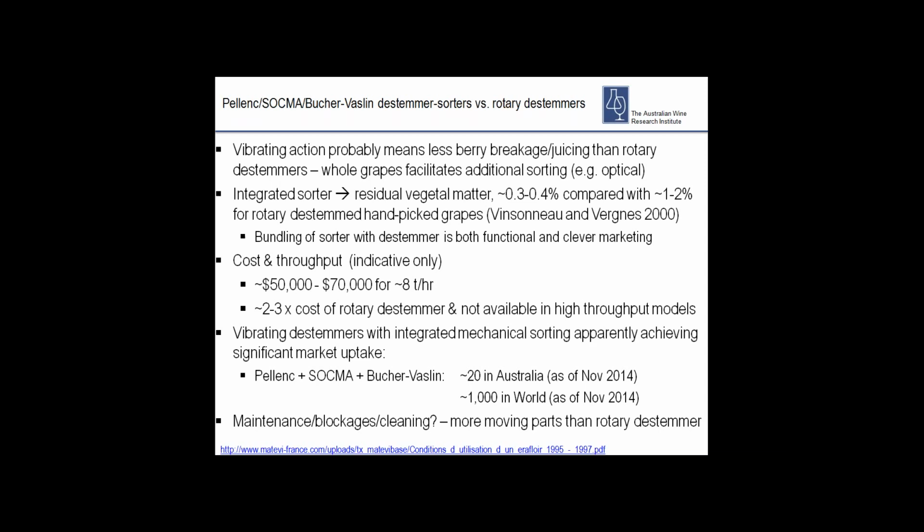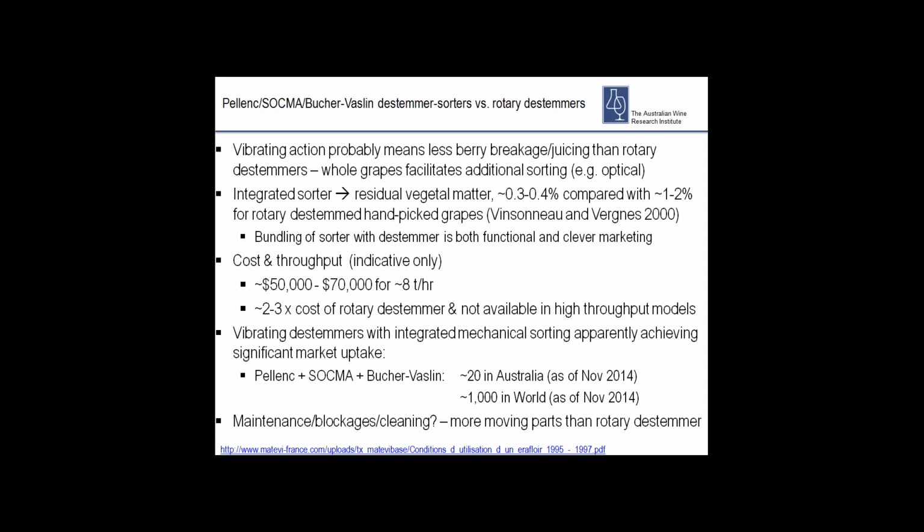One clear advantage of these destemmer sorters over plain rotary destemmers is that they have a sorter, so the residual vegetal matter is going to be lower. I'll talk about this more a bit later, when I go over the standalone winery sorters, but basically this might make a quality difference for some red wines, I think.